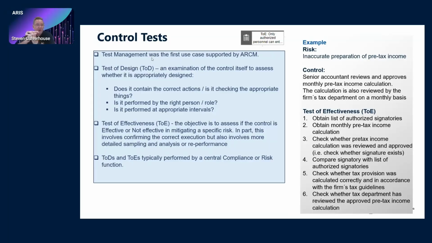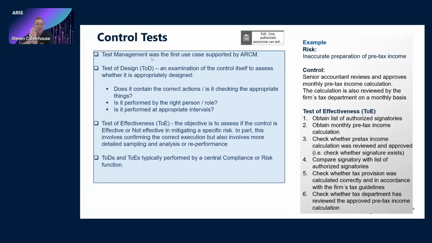Is it performed by the right person or the right role? And is it done at the appropriate time periods? If not, then it might need to be revised. The effectiveness, on the other hand, is basically to assess if the control is effective or not effective, and I think I've changed that wording now to passed or failed in mitigating a specific risk.